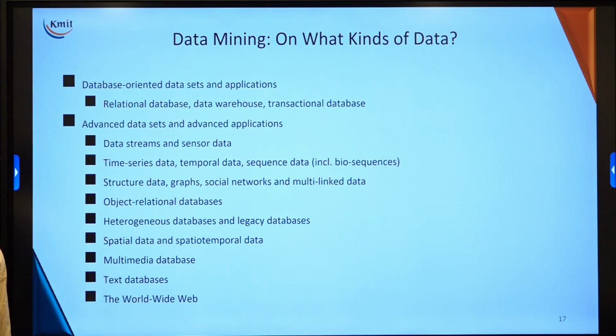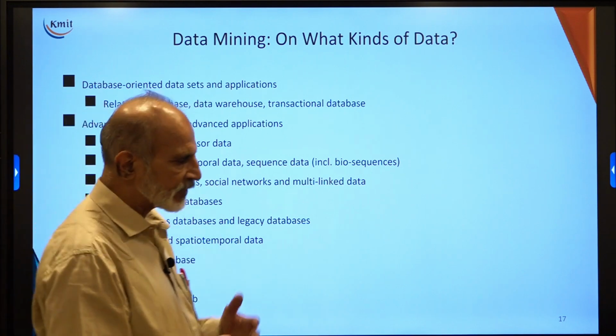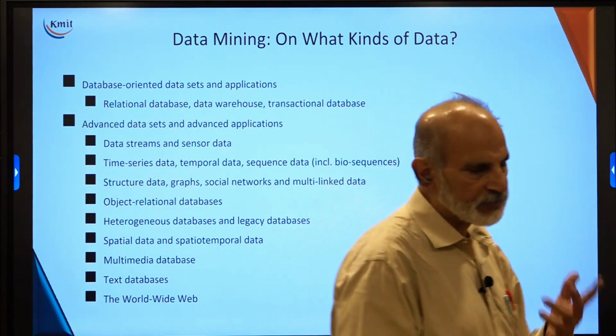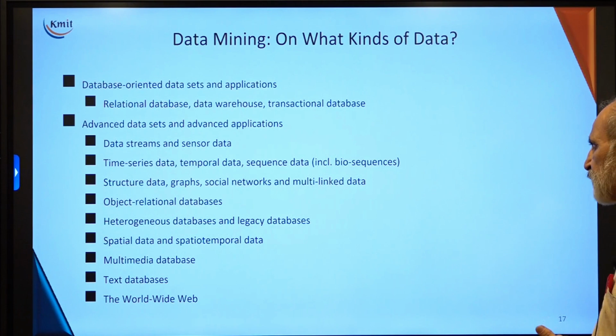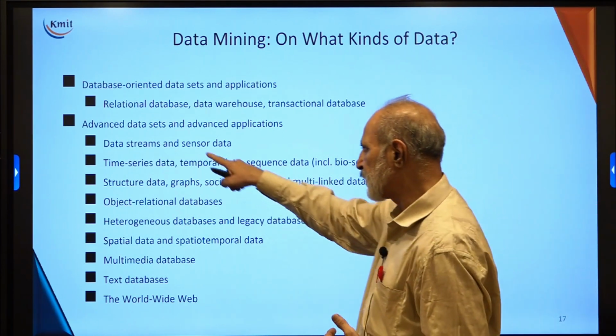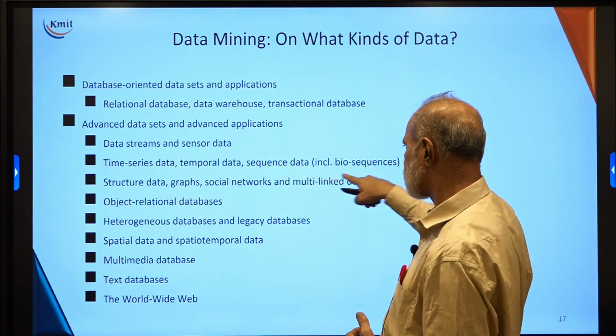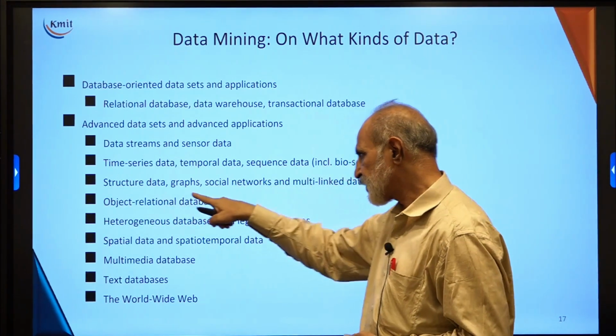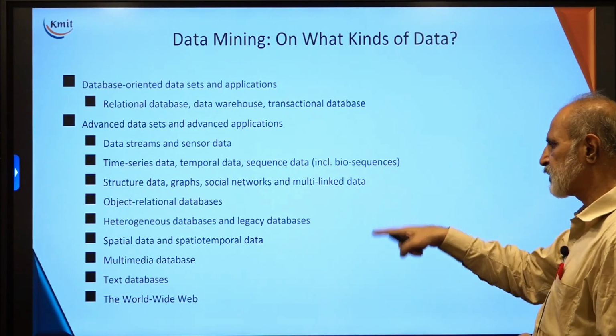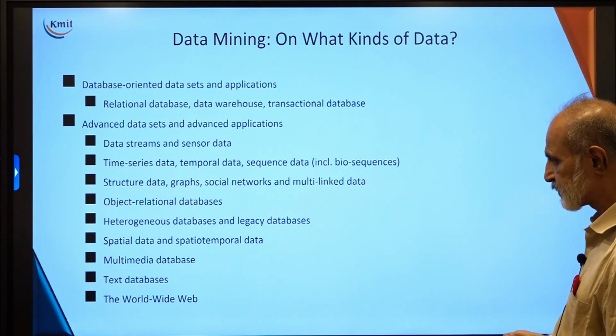On the fly, if I want to catch the emotions of people, or sense the temperature, like an aircraft flying at different speeds, it has to sense not only temperature but so many other parameters like pressure, wind, height, everything it has to measure. So it has to do sensor data analysis. Time series data, temporal sequence data, which I just now showed you. Structured graphs, social networking, and spatial databases, which are all available.